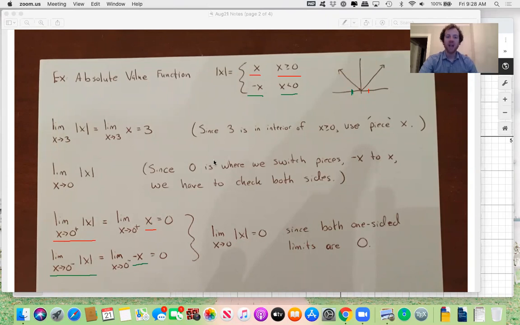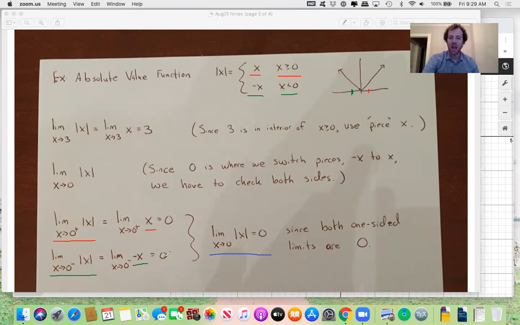And as the very last part, we look at this work we've done. We checked the two sides. We found that we got 0 in both cases. So then we can say that the two-sided limit is 0 because each individual side gives us 0.